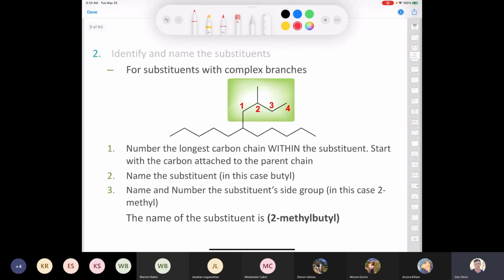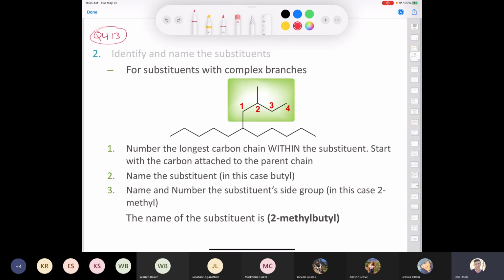Number 3, we're going to identify and name substituents. Now, if you've got a really complex branch like this one here, we don't see these a lot. There's not a ton of these in our book. There's question 4.13, which covers this. So you want to take a look at question 4.13 in the textbook. But if you have a complex branch like this, there's a total of 5 carbons in here.